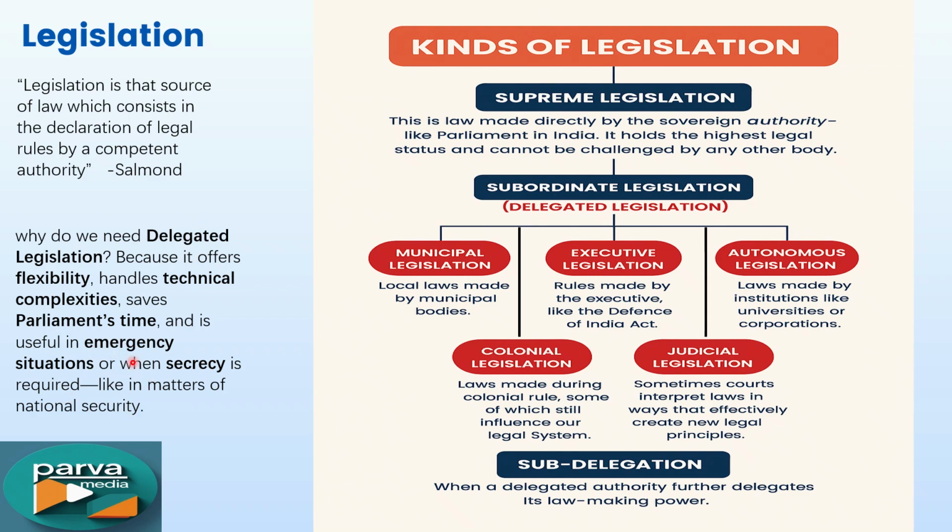These are the key benefits of delegated legislation. Otherwise, Parliament time will be wasted, and Parliament also requires technical expertise. Those things can be managed with subordinate legislation. This layered structure allows the legal system to be both adaptive and authoritative. Whatever supreme legislation says is final, but at the same time it is also adaptive in nature.